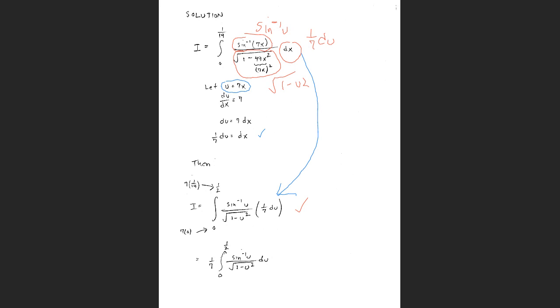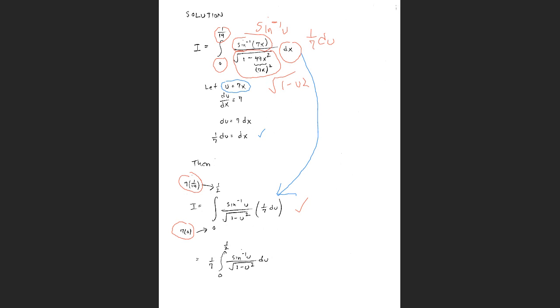Now, also, the limits, x equals 0 and x equals 1/14, those change because u is 7x. So the u limit for the bottom stays 0 because 7 times 0 is 0. The u limit for the top becomes a half because 7 times 1/14 is a half.